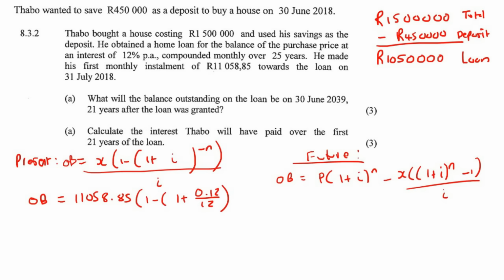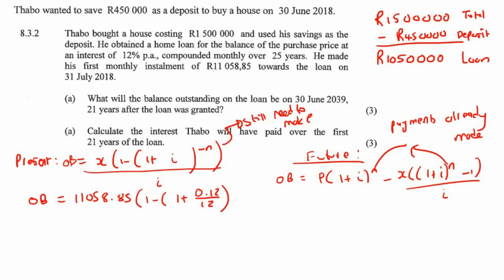Now remember, we said that for this one, it's the number of payments that you still need to make, and for the other one, it's payments already made. The number of payments we still need to make, we said that was 4 years.